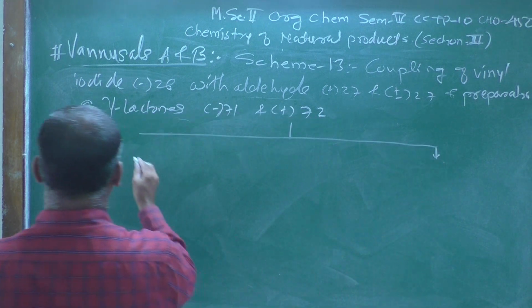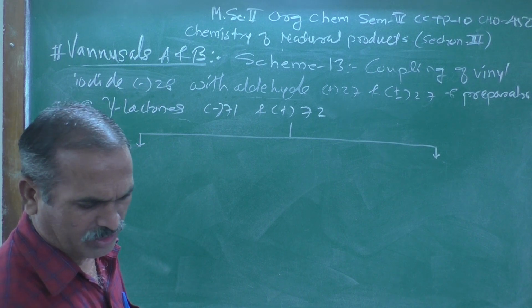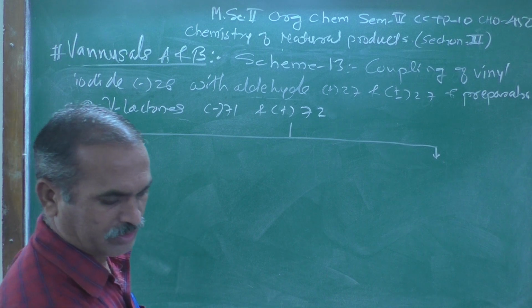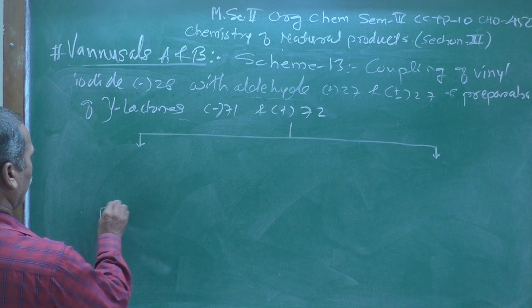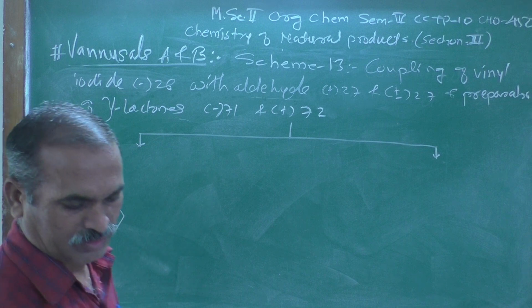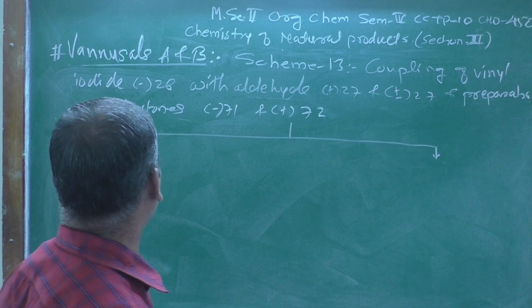Here are the two arrows I am showing, and one compound which I am going to draw over here. See the structures. A 5-membered ring. Let me draw properly so that you can understand this one.